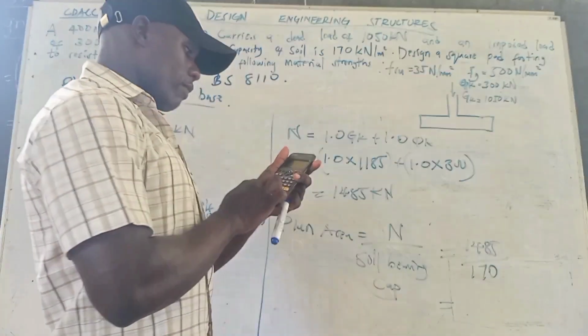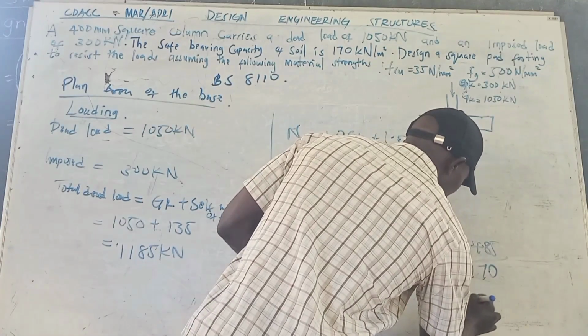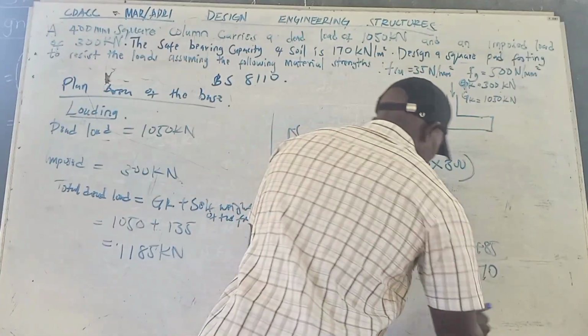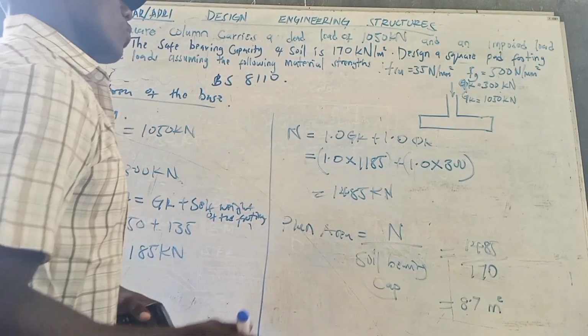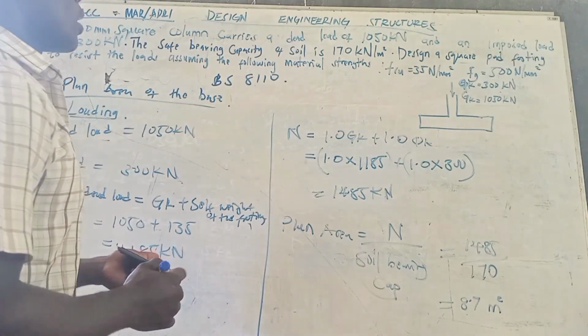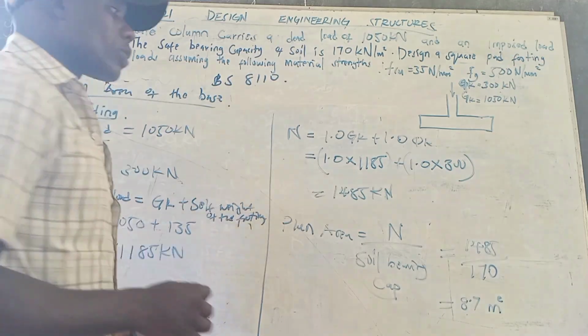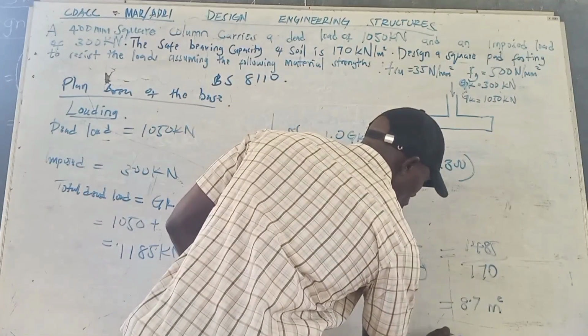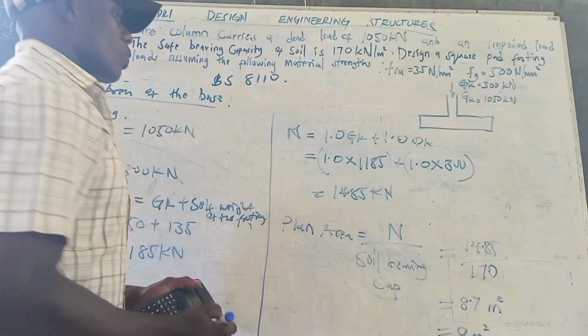So 1485 divided by 170, you get 8.7 square meters. Having been told that we are supposed to design a square pad footing, we're going to round it off to the nearest 9 square meters.